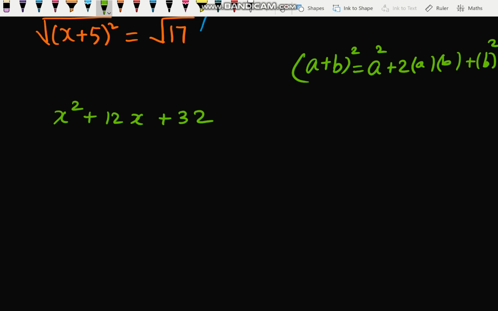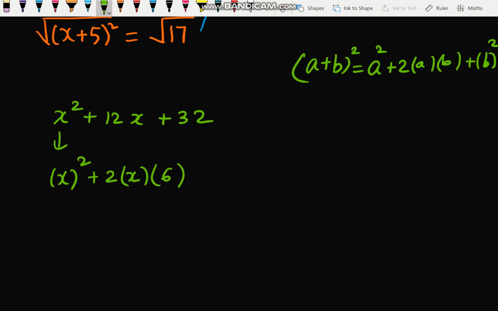So your job is to identify your a and your b. Now the first thing I told you is write this in this form where the first term will be inside the bracket. So it is x square plus 2 into first term into second term. So 2 into x is 2x. 2x into what is 12x? 2x into 6 is 12x.